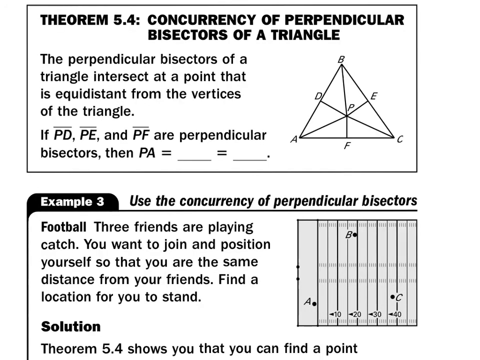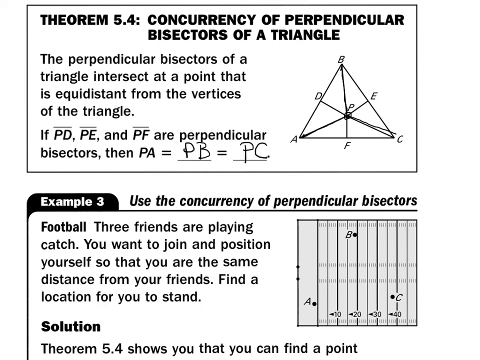Okay, concurrency of perpendicular bisectors of a triangle. The perpendicular bisectors of a triangle intersect at a point that is equidistant from the vertices of the triangle. So if PD and PF and PE are perpendicular bisectors, then PA equals PB, which also equals PC. So, this point in the middle is the same distance from here to here to here.